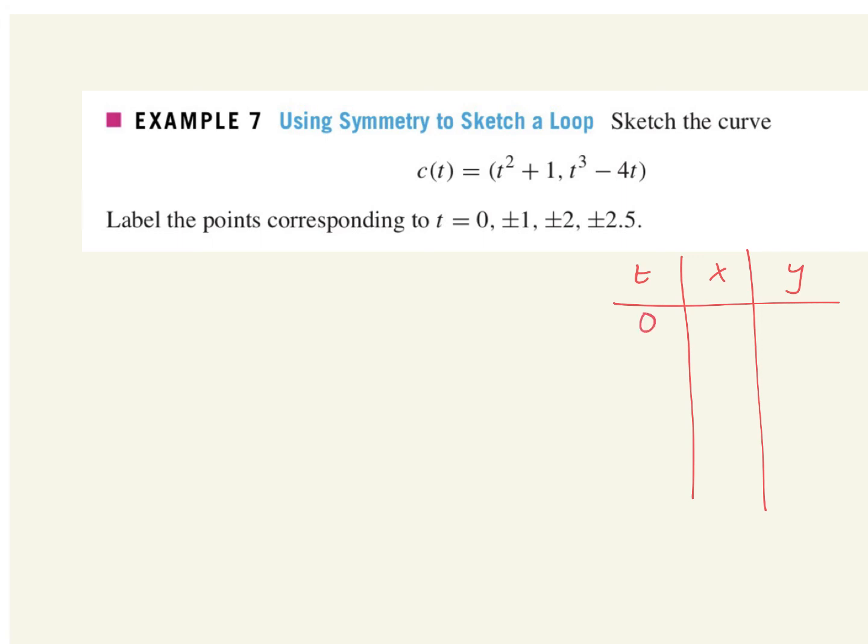So if I only look at the positives, because I know that the negatives will have the same reflected result, then I can say, well, if I plug in 0 to my x, I'm going to get 1. If I put in 2, oh, I'm sorry, if I put in 1, and then I'll get 2. If I put in 2, I'll get 5. If I put 2.5 in, you get 7.25.